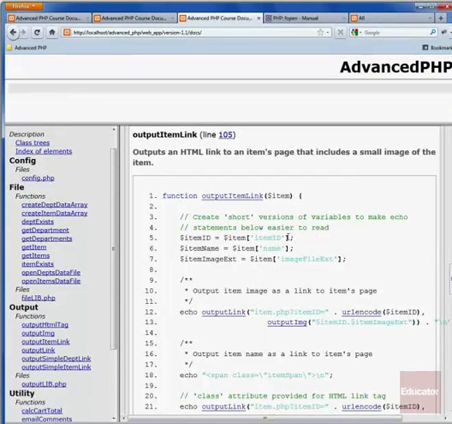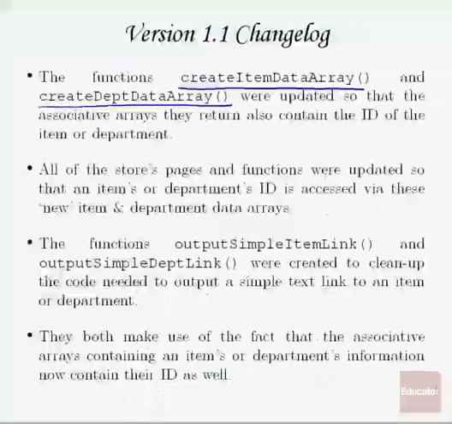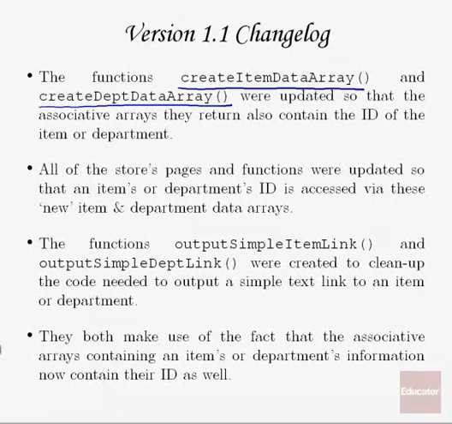So that basically puts all that information in one, so now we've eliminated two parameters and put them into one. Basically what we've done is we've updated all of the functions and page functions like output item link and all of the source pages to make use of the fact that these associative arrays returned by get item and get department already contain the item and department IDs.